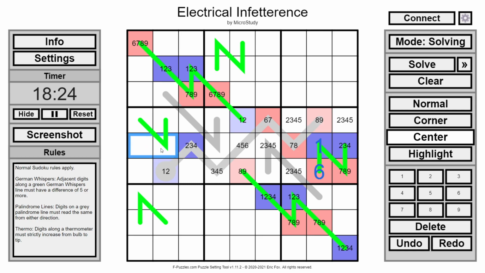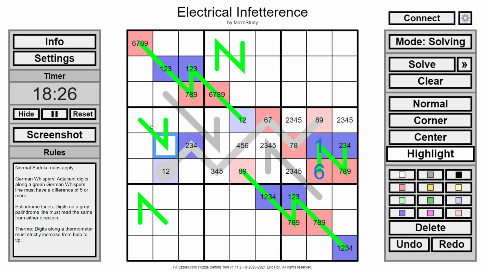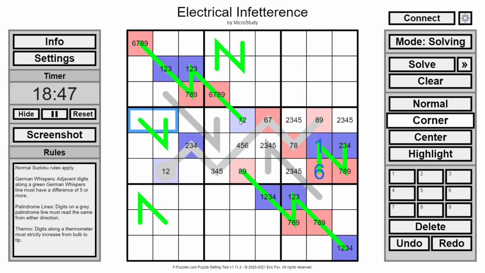I guess we know pink is over here as well. But because this isn't an N, this could be pink and still have this be a low digit. So let's say this... trying to figure out... because if these were both highs, that would be all the high digits here in the row.